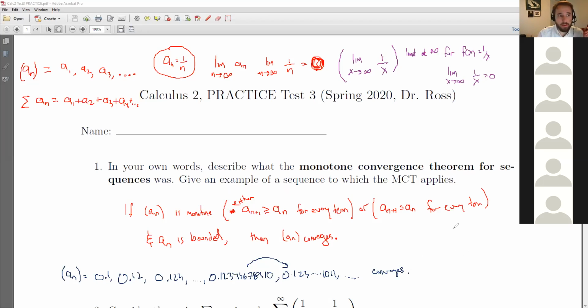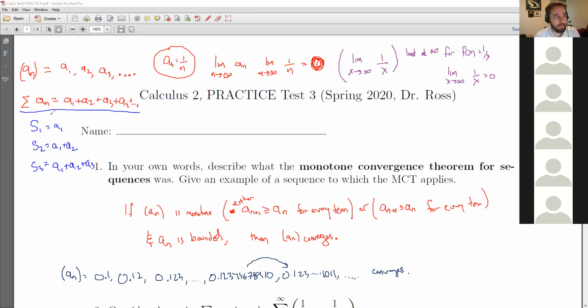We actually secretly use sequence convergence a lot when looking at series, right? So worth saying out loud, remember that in order to tell whether or not a series converges, what we did was we looked at the sequence of partial sums, right? So we looked at the S sub n's, where S sub 1 was just equal to A1, S2 was A1 plus A2, S3 was A1 plus A2 plus A3, and so on, right?